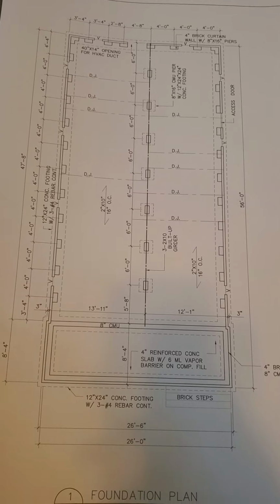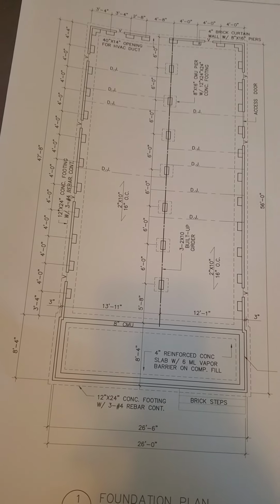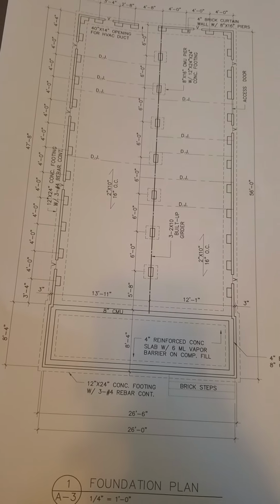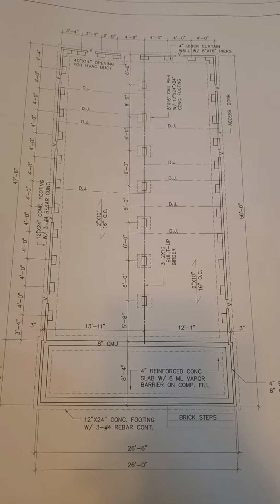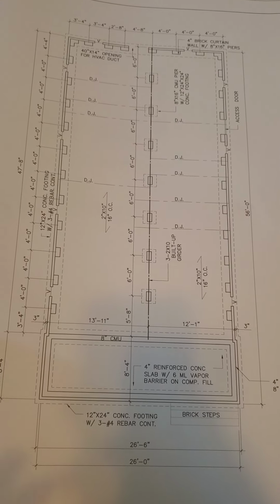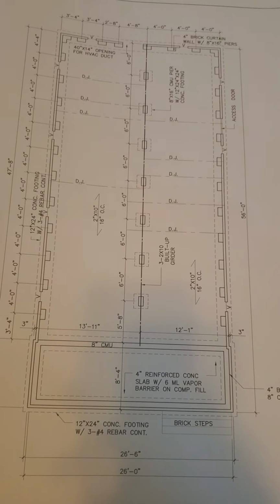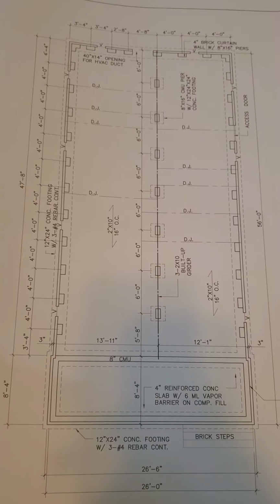This is our all-encompassing foundation plan for our residential structure for this semester. As you can see, it's got some dimension lines. It's got some annotations and some different line weights. And I'm going to go ahead and just explain a little bit of that.